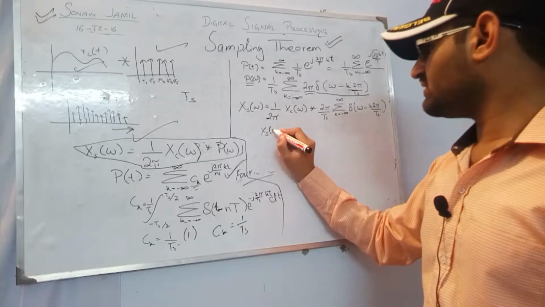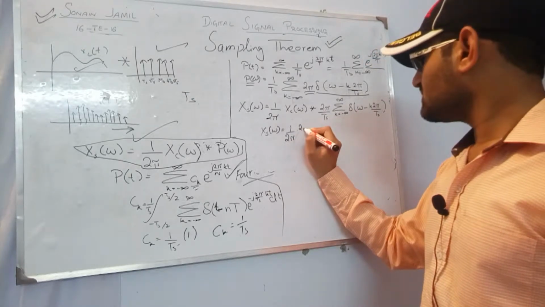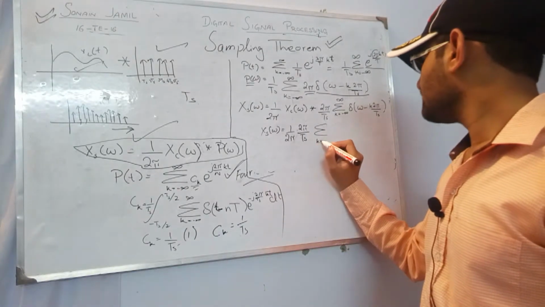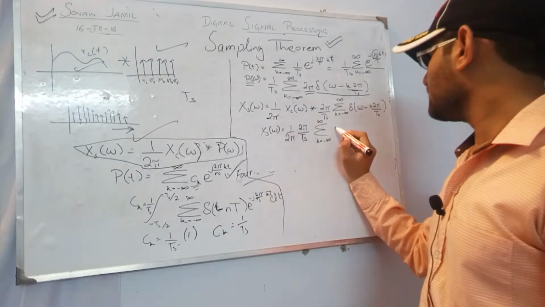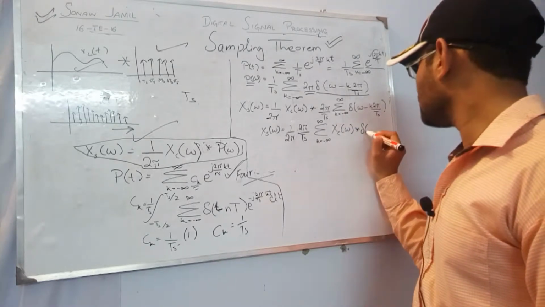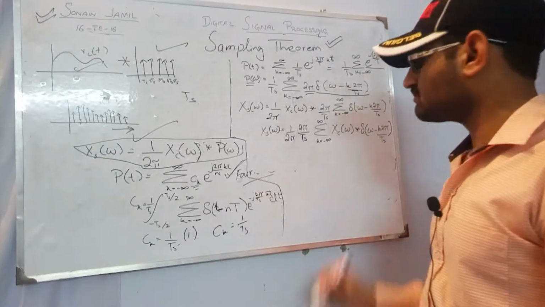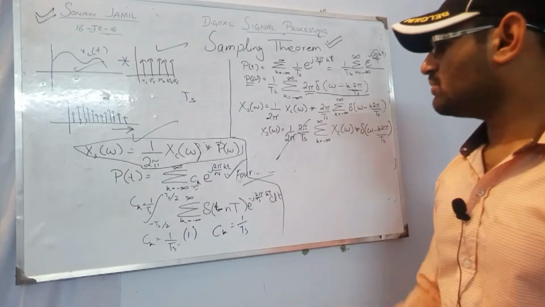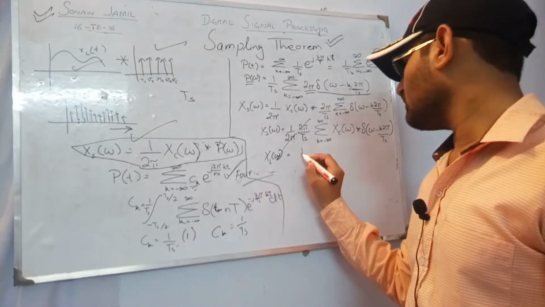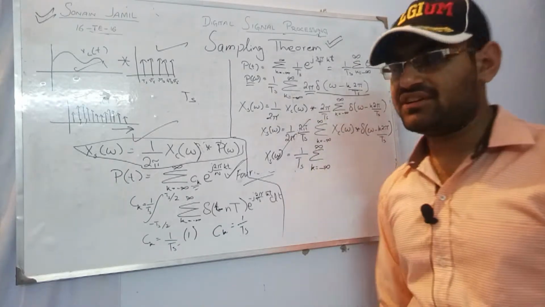If we further solve it, taking the coefficients outside the summation and taking this convolution in, this 2 pi will be cancelled out by this 2 pi, and X s of omega would be 1 over Ts, summation k from minus infinity to infinity.